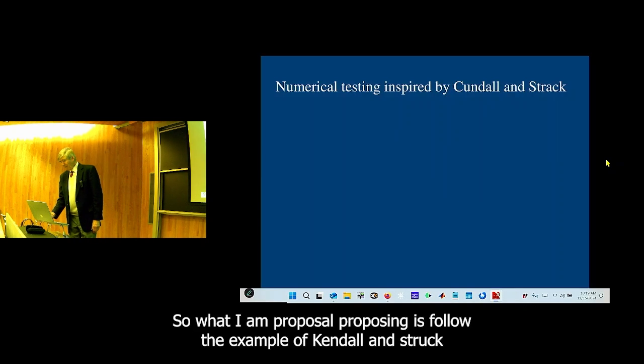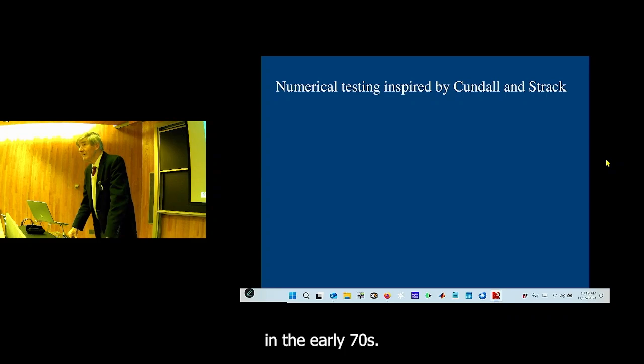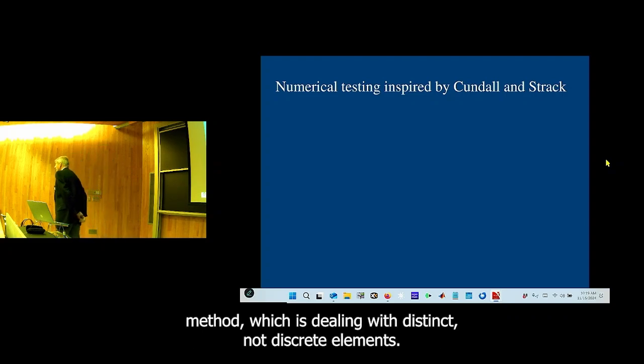So what I'm proposing is to follow the example of Cundall and Strack. In the early 70s, we started this. It was funded by the National Science Foundation, based on the distinct element method, which is dealing with distinct, not discrete elements.